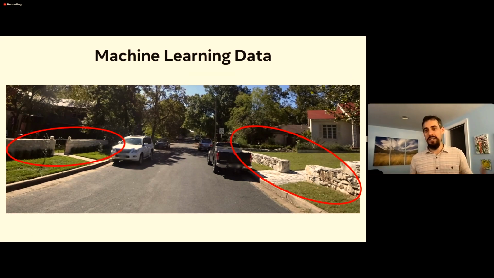We as humans know there's a concrete or a rock wall on the side of the street, but it's very hard to convince the computer that it's a wall. It really thinks they're sidewalks. There are also cars and view issues.